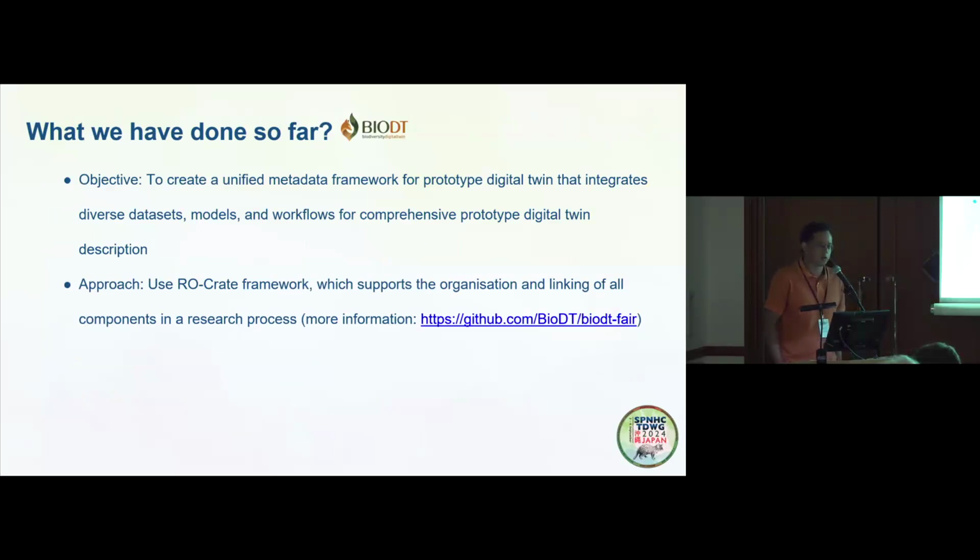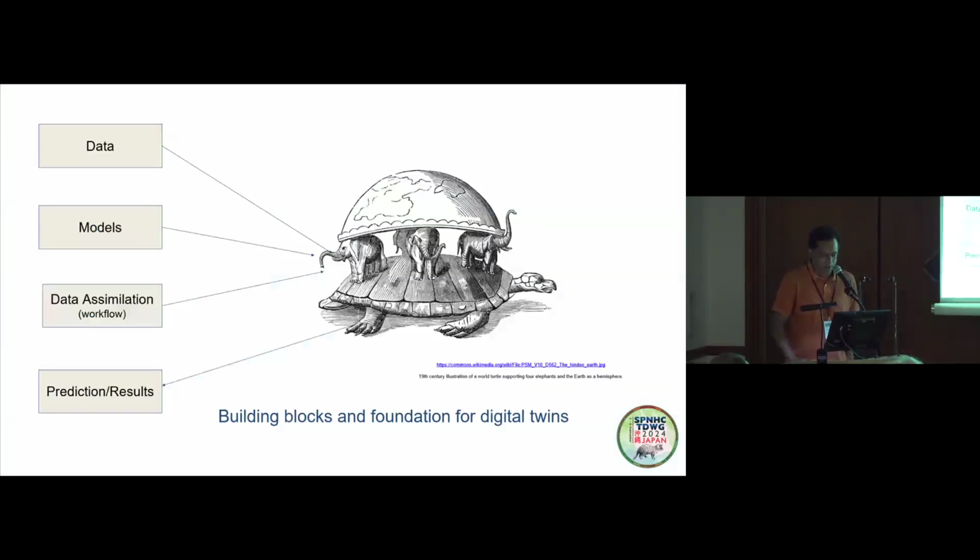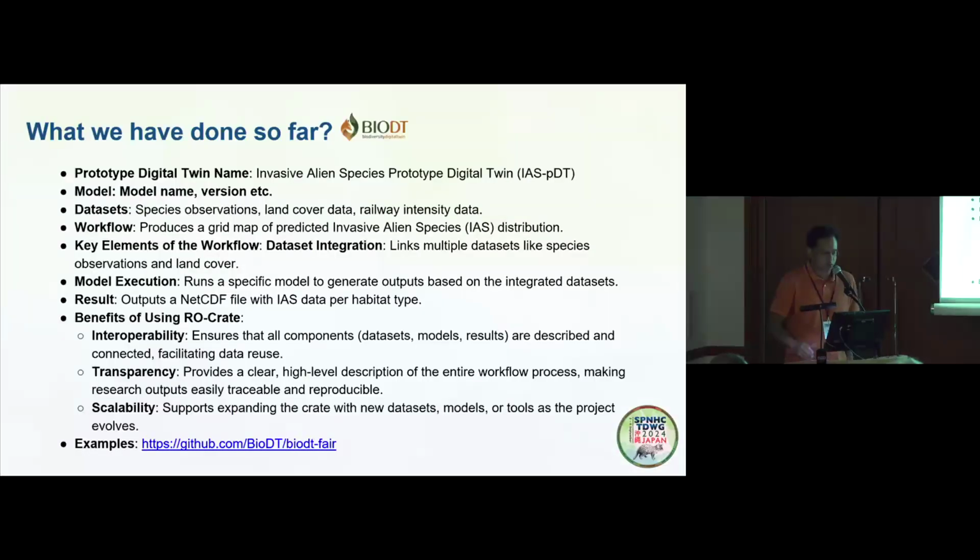Just a few brief things to highlight. As you saw, this Aurocrate framework is basically a JSON file that is trying to provide a unified metadata framework. Because all of this data is coming from different sources, we cannot combine the metadata, so we're trying to at least do some unification at a higher level. Just to remind you, this could be one example where we have some testing we're doing.